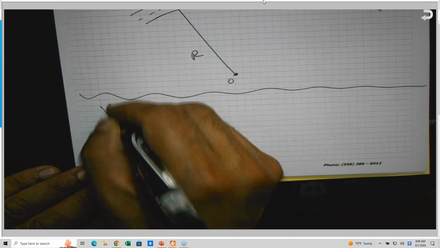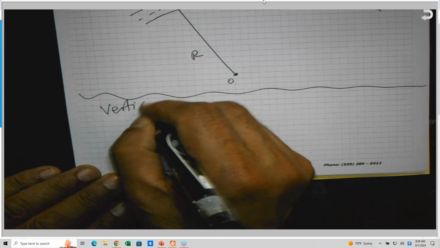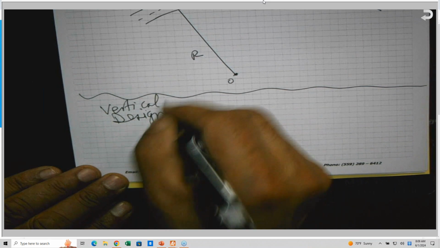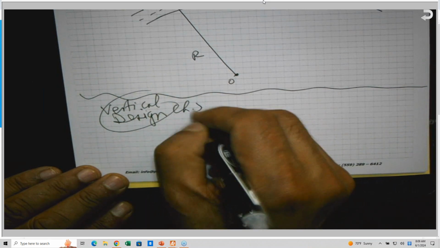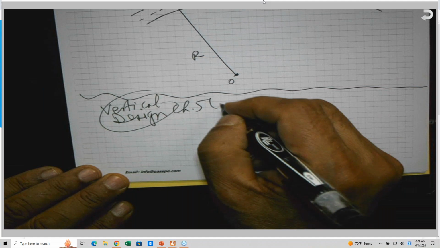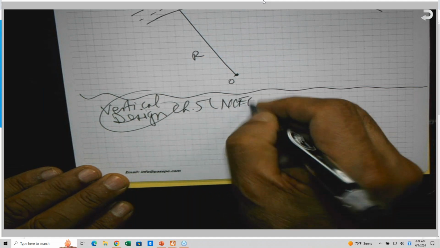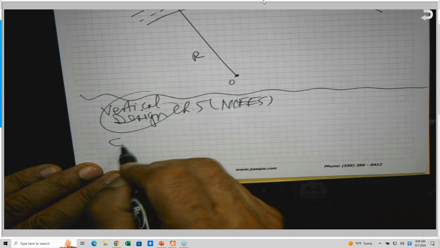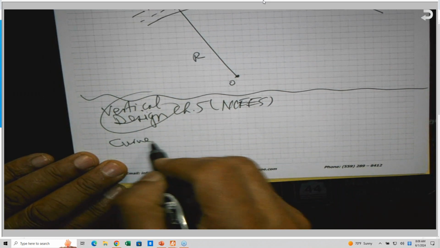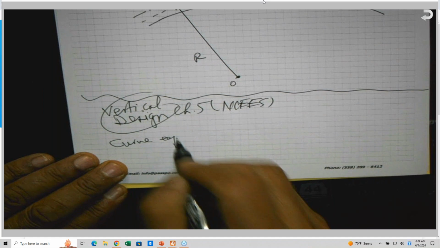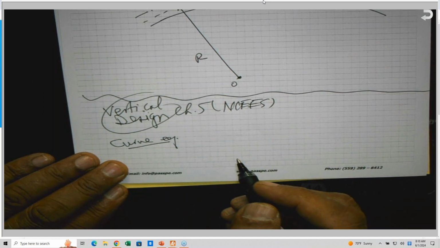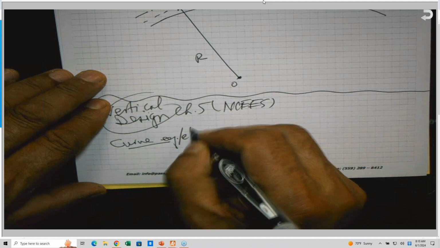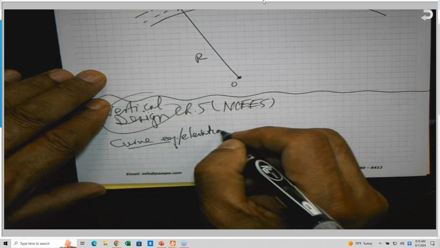For the vertical design in chapter 5 of the NCEES, all of us know the two equations, which are the curve equation and the tangent equation, sometimes called the tangent elevation and the curve elevation.